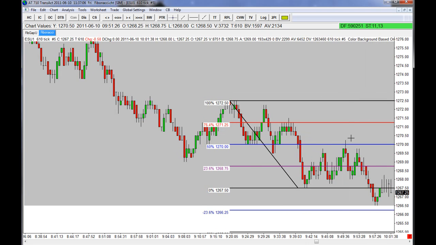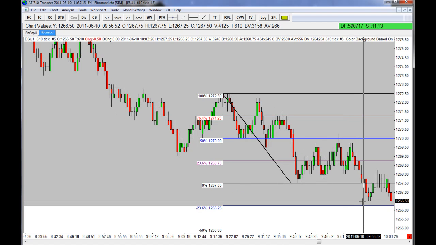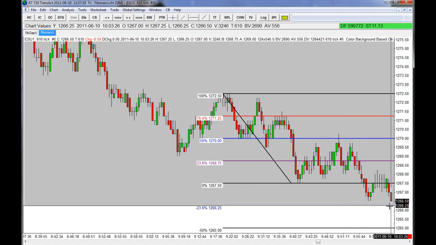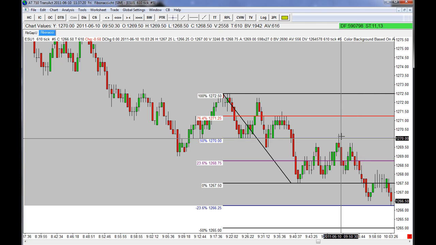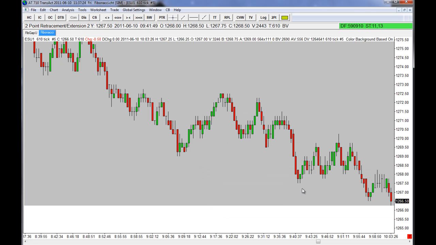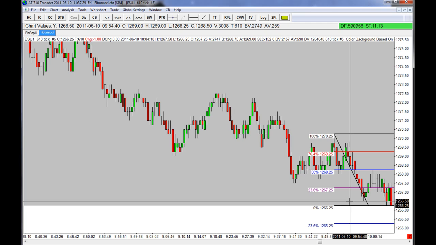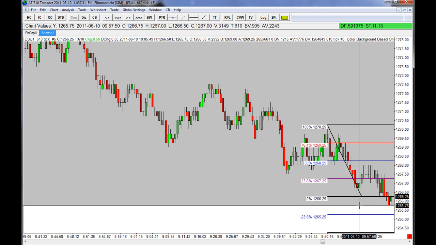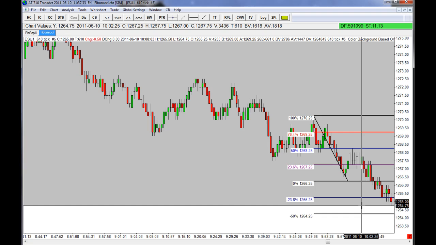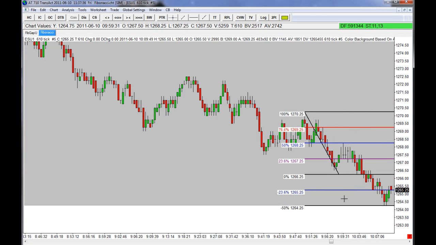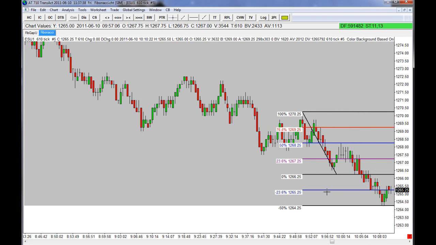Now, the distance between this pivot high 1270 and a quarter and 1266.50 did not meet the criteria of the 4 points, but when price came down here it did, so I drew a new fib from this high to the new low. Broke through the 0% line to negative 23.6, to the negative 50.